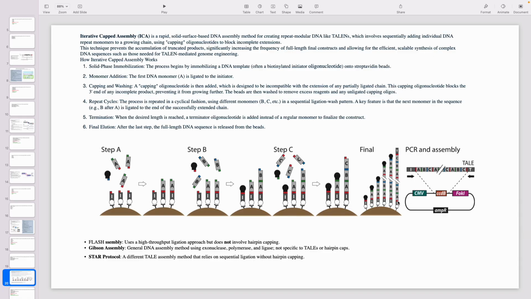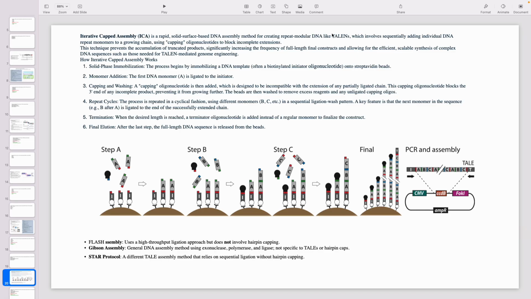So we have to make these repeats. Here you can see the final product: A codes for A B C, which creates one TALEN repeat. Then we'll have again A B C, and again A B C. This is how we need to generate the TALEN repeats.